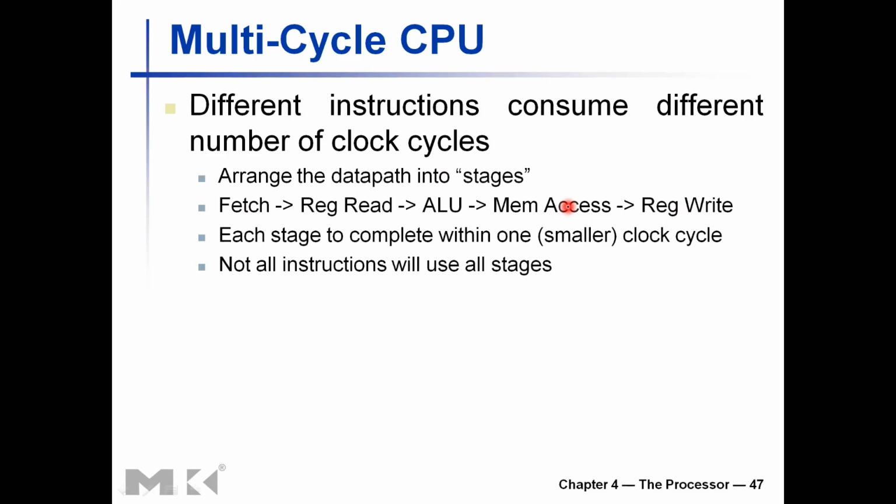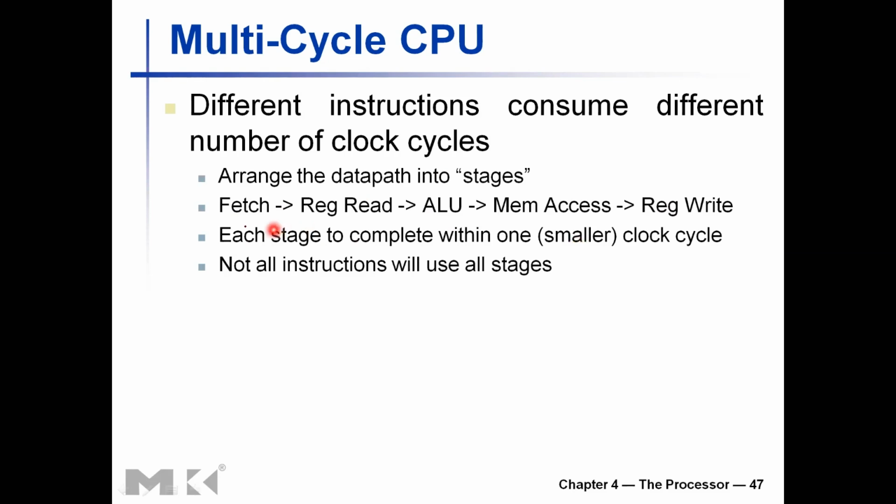So we can split the data path into several separate stages where each stage should complete within one clock cycle, and that clock cycle can be a lot smaller compared to the clock cycle of the single cycle data path, because in the single cycle data path you need all operations to happen within the same single clock cycle.